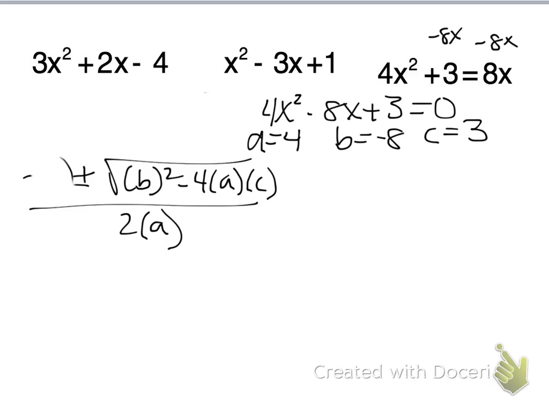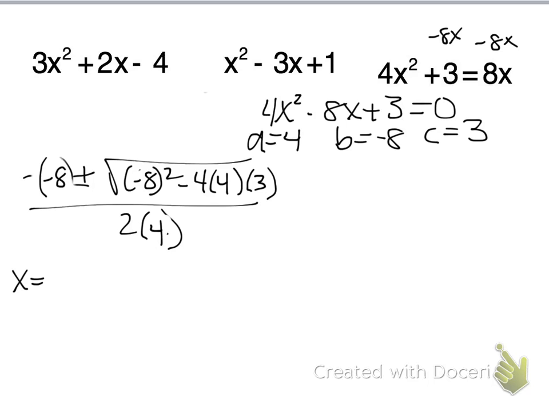My b is going to be negative 8 in this one and negative 8 in this one. My a's are going to be 4's, and my c is going to be 3.